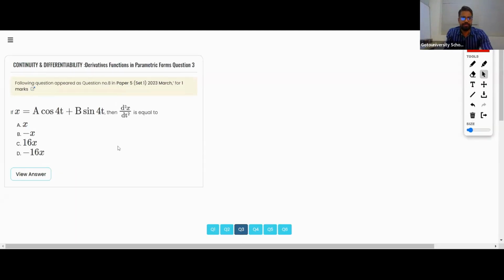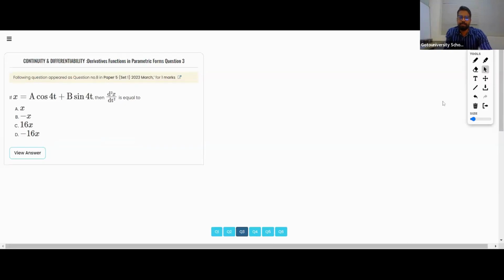We have to differentiate with respect to t here. Double differentiation they're asking. So what is it? x is given as a cos 4t plus b sine 4t. Differentiate with respect to t once first properly.